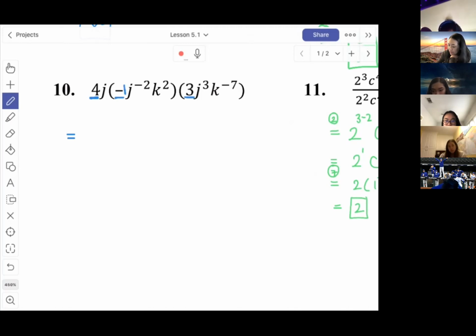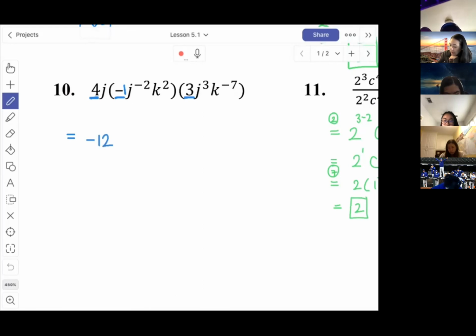Yeah, I was a little bit lost with this part just because it was different from the dividing and that. This one's a little bit different, so I'll help you out with this one to start. Look at just the numbers first. The 4, the -1, and 3. Start with multiplying those first. Okay. So what do we get when you do 4 times -1 times 3? Yeah, so you would get -12.